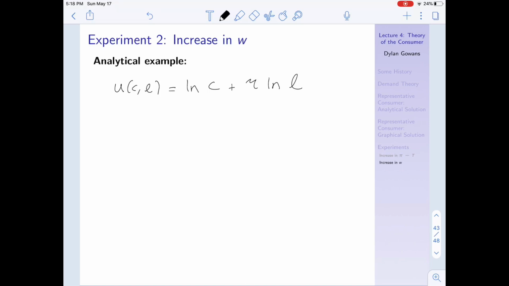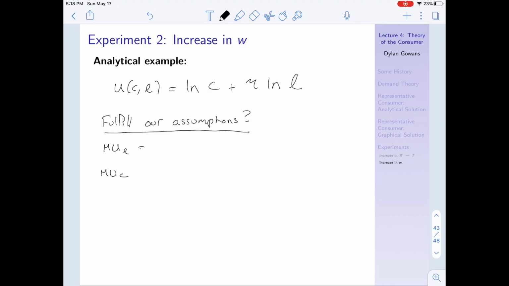Okay, so does this fulfill our assumptions? Let's test them. So what were our assumptions? Well, first is that we like both goods. Okay, so in other words, we need that the marginal utility of leisure and the marginal utility of consumption are going to be positive. So let's see what those are.